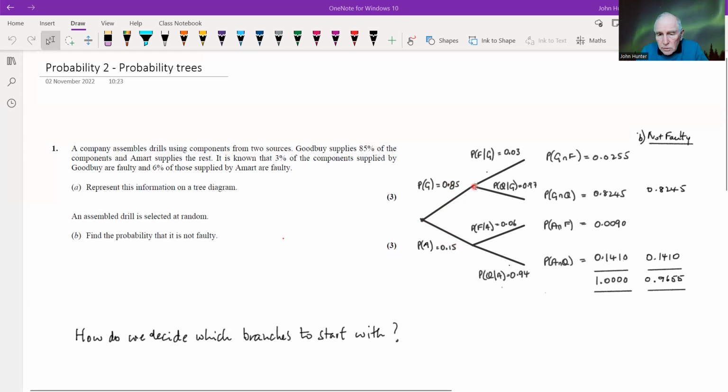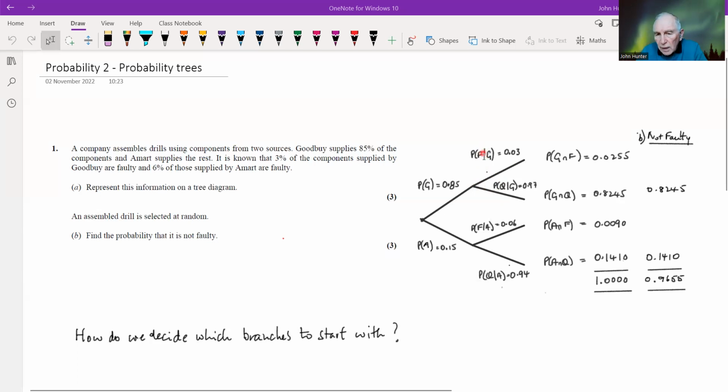Now, having got to this node here, we're looking at two different sub-possibilities. One is the probability that it's faulty, and the second is that it passes the quality test, that's the Q.